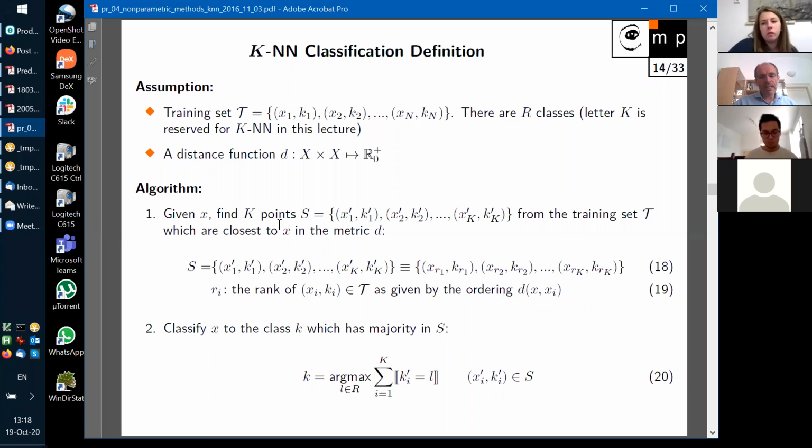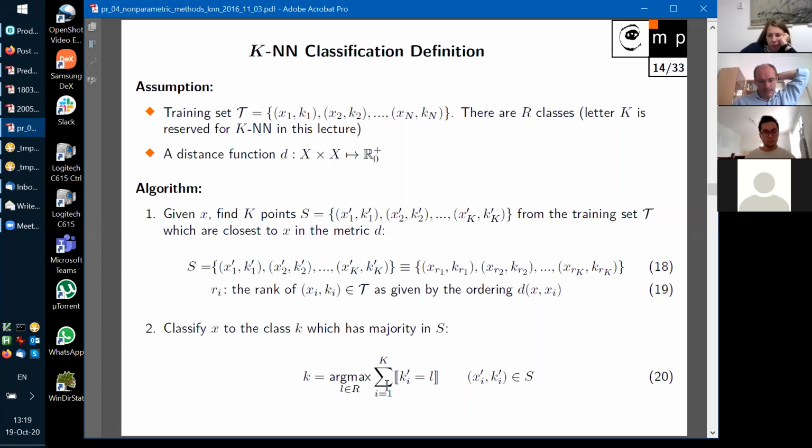You find the K nearest points from x using the metric D, and the decision is for the class which has the majority in the selected subset. This might look like a weird notation.